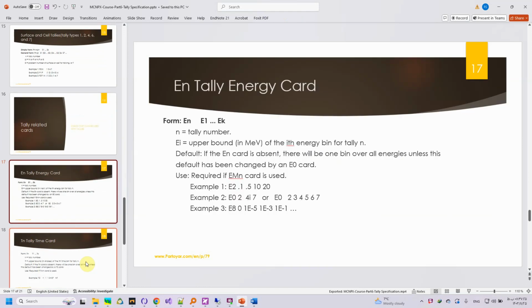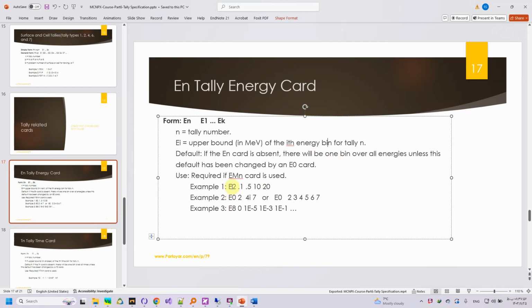The tally related cards are the cards from which we can learn more information about tallies. The first one is the energy card. With the energy card we can divide the tally over different energies.